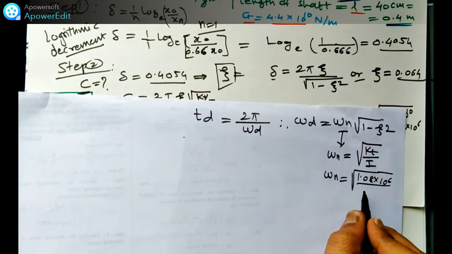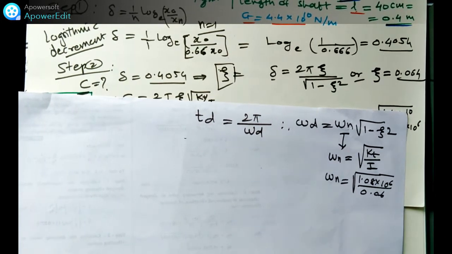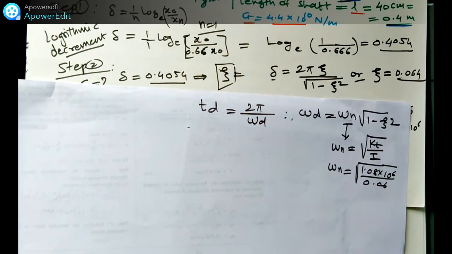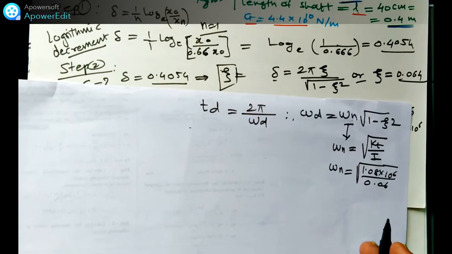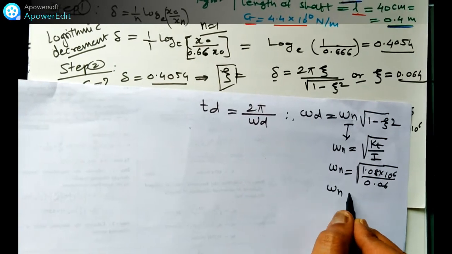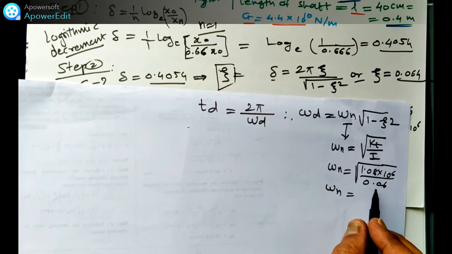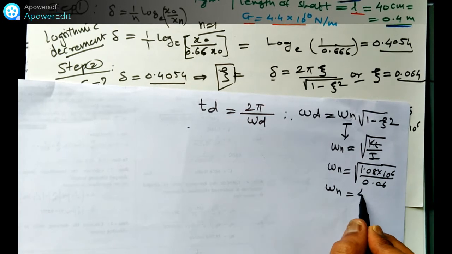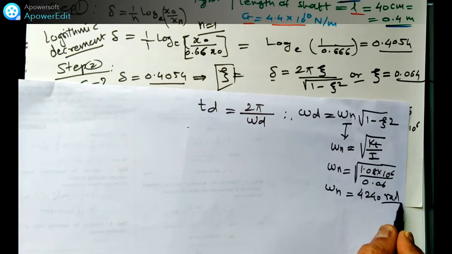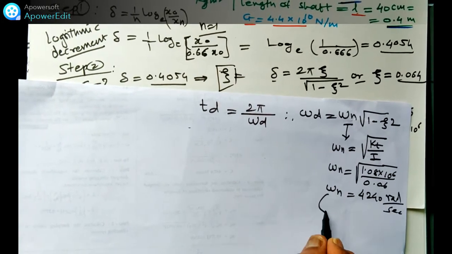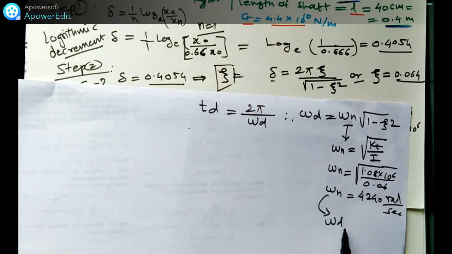The value of I is given as 0.06 here. So putting this value, we calculate omega n. The value of omega n is 4240 radian per second.